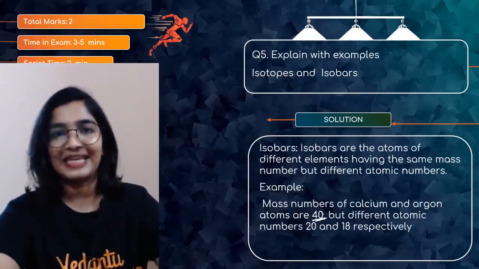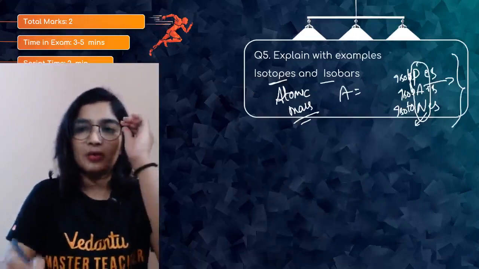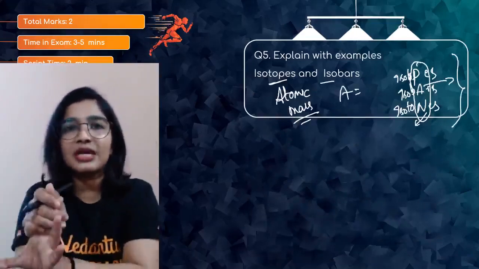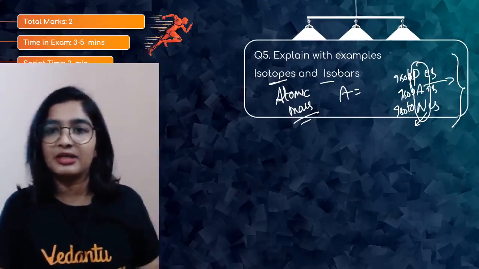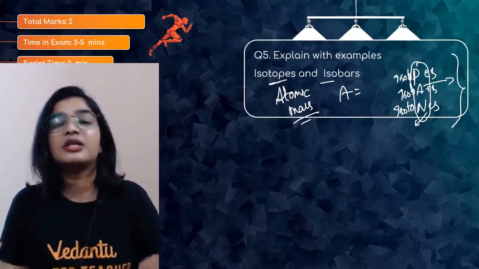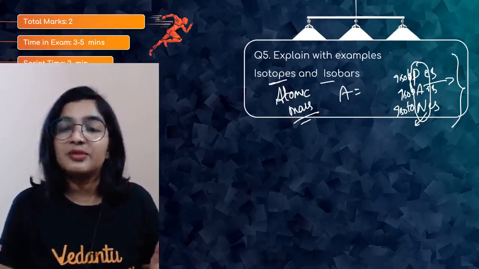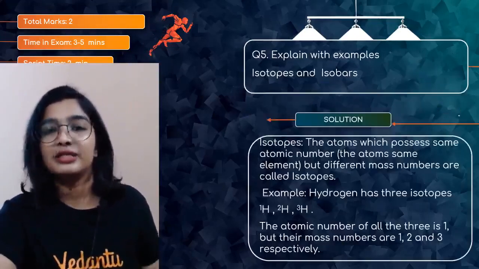Done? Easy, no? You got it? So you can use this to remember. See what is the same. If you know what is the same, then you can easily write what will be different. Right? In isotopes the atomic number will be the same. Atomic number is the number of protons. And what will be different? Mass number. In isobars it is the opposite. Mass number will be the same but the atomic number will be different.